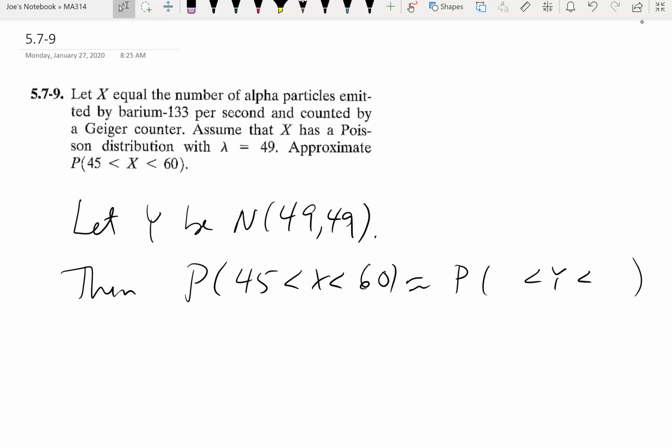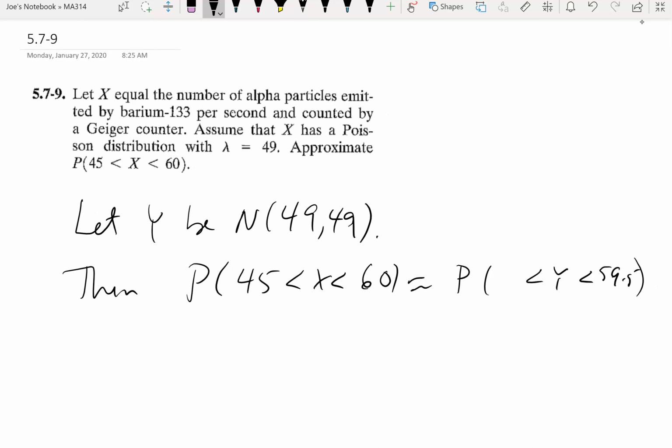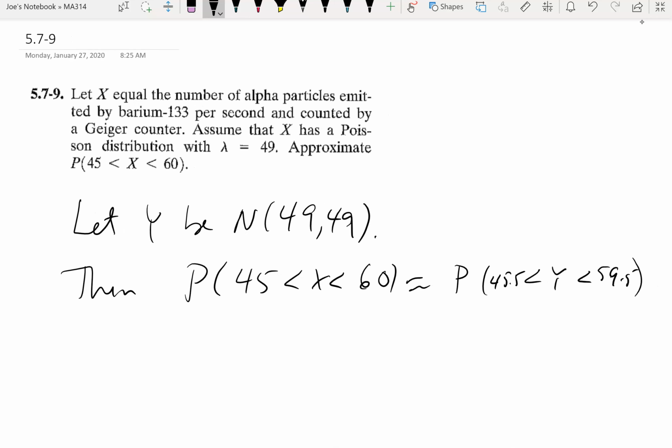Do I want to include the 60? No. So where should I have the top end of this be? 59.5. Do I want to include the 45? No. So where should I have the bottom end? 45.5. Good, 45.5. I want to miss it, right? Because there's no equals here.